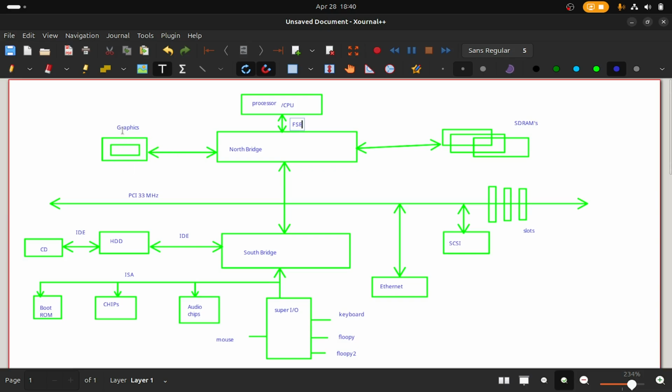That's why we connected the graphics card to the North Bridge, because it performs high speed operation, as it is just nearby to the CPU. Fine. And one thing is also there, there should be something called a USB port here.